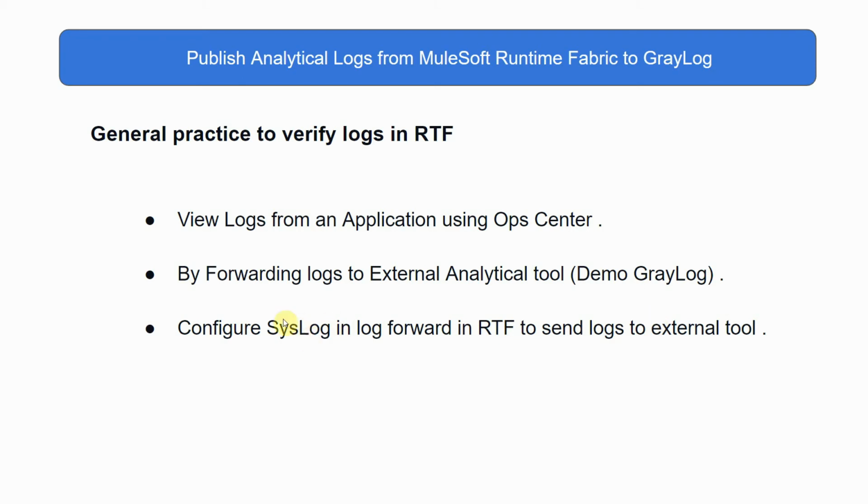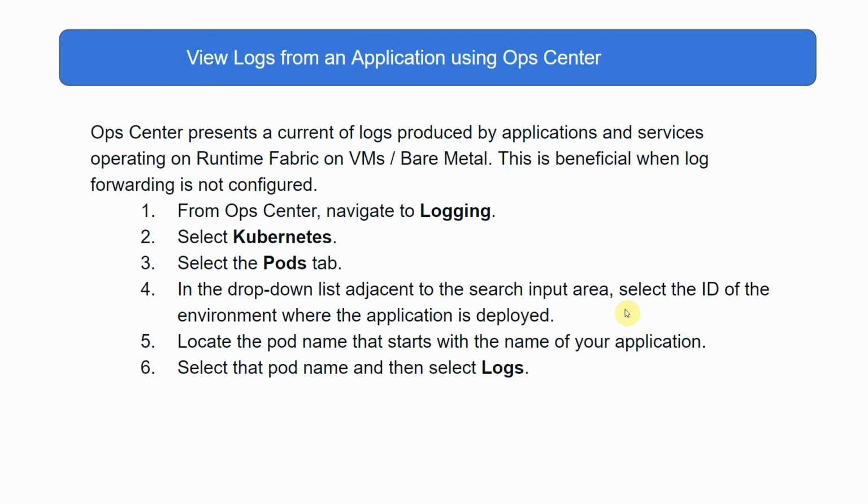Previously we had to execute commands to enable syslog, but now the RTF application has enabled that capability to transfer or publish the syslog from the RTF installed platform to the external tool. Let's discuss one by one, starting with logs from the application using Ops Center.